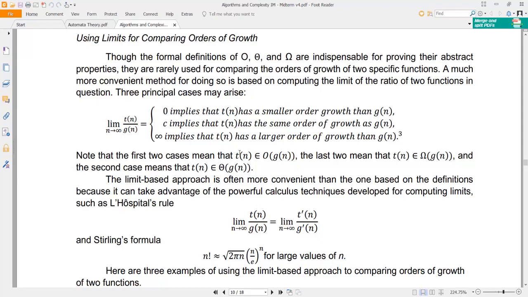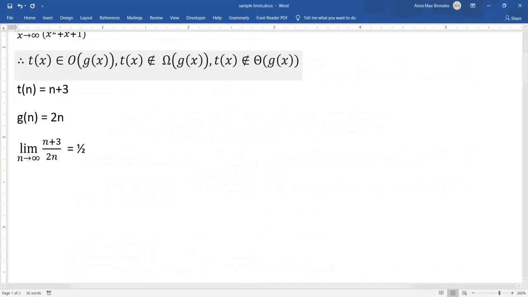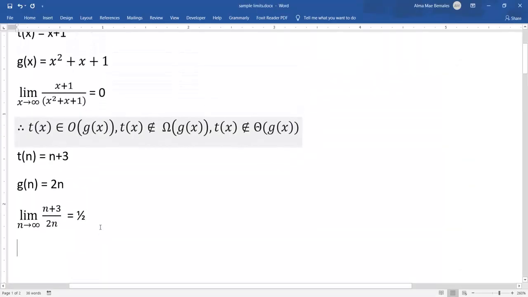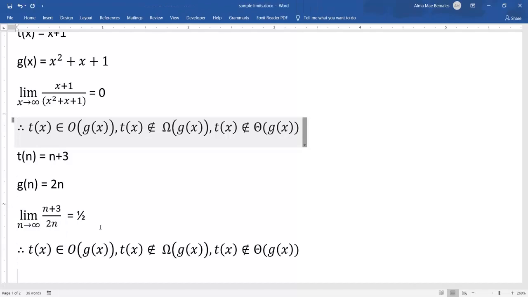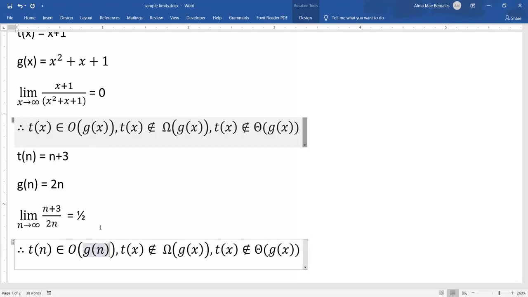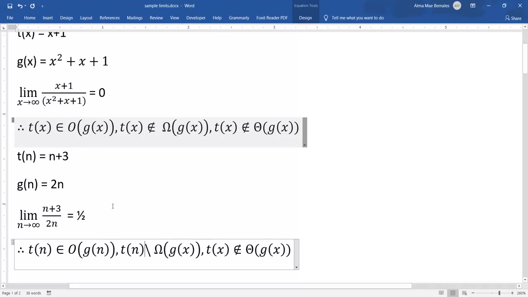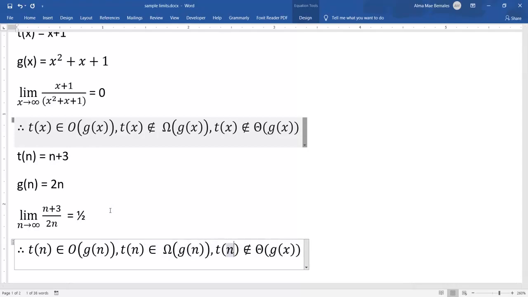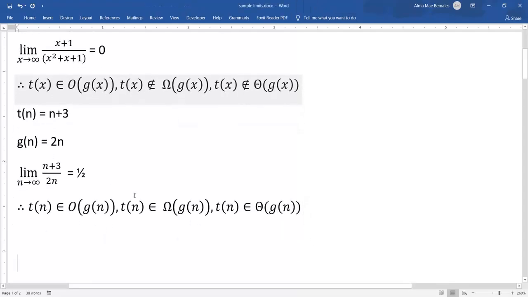And also, it is still an element of O of G of N. So you can say here, therefore, T of N is an element of theta of G of N. Also, T of N is an element of omega of G of N, and T of N is also an element of O of G of N.